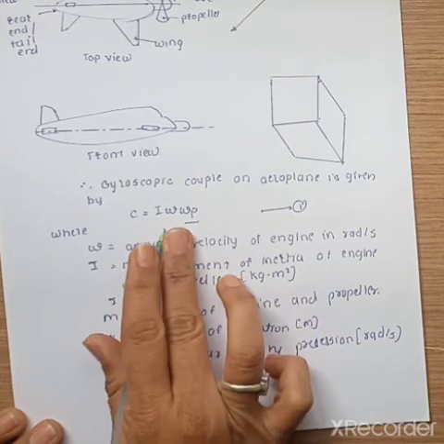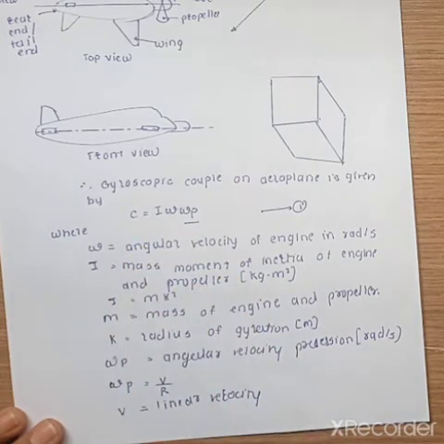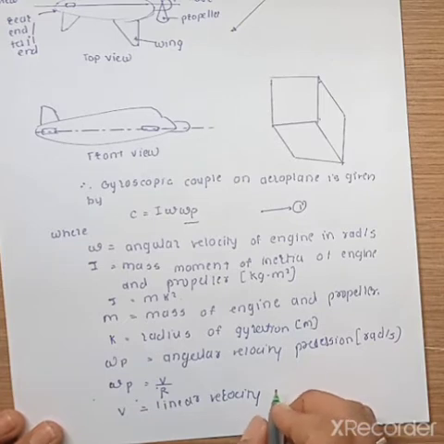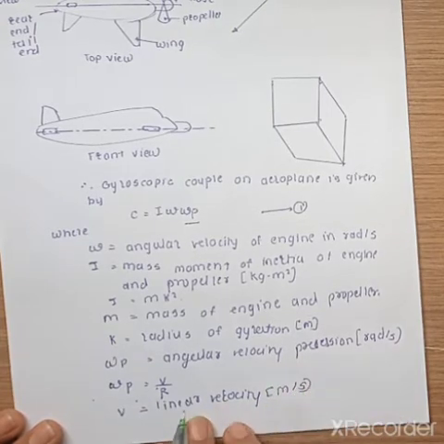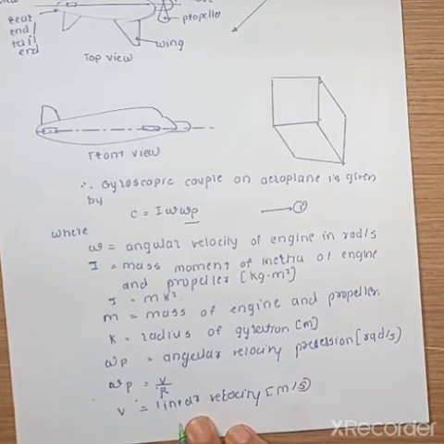We know omega is the angular velocity of the engine and it's in radian per second. Omega P is the angular velocity of precession and the formula for it is V upon R, where V is linear velocity. It's generally given in meter per second, okay, and R is the radius of curvature, okay.